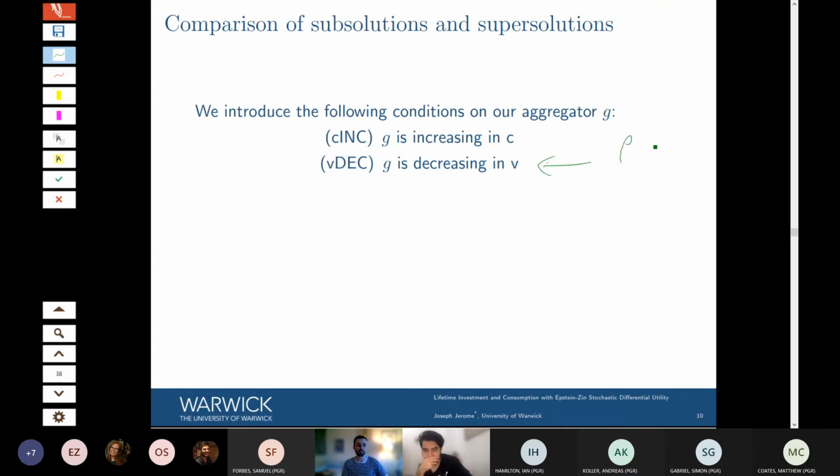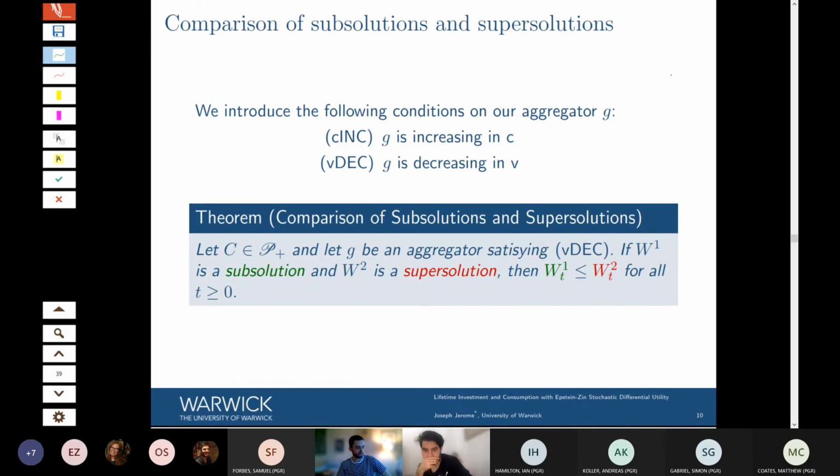And for Epstein-Zin stochastic differential utility, it corresponds to rho being negative. So rho has to be less than 1, but it rules out the case rho in (0, 1), and so we can't deal with that at the moment. So basically, the comparison theorem says that subsolutions are always going to be less than or equal to supersolutions.